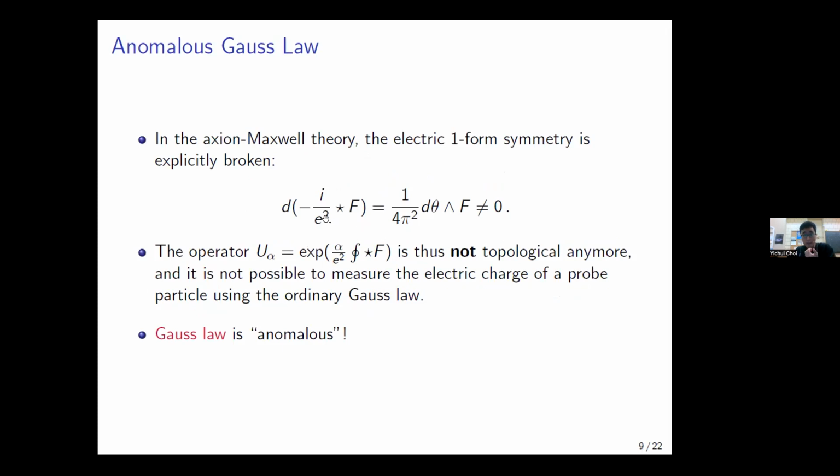In the language of generalized global symmetries, what this means is that the electric one-form symmetry is explicitly broken by the presence of the axion. If you look at the equation of motion for the axion-Maxwell theory, then the electric field is not divergence-free anymore. So my Gauss surface will not be topological anymore, and I cannot measure the charge of a particle using the ordinary Gauss law. In a sense, you could say that the Gauss law is anomalous in the axion-Maxwell theory.